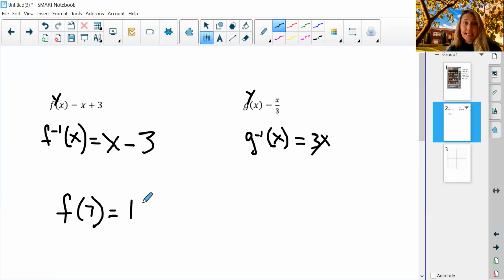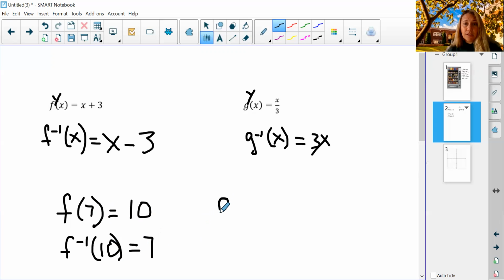F of 7 is 10. Now, if I put my answer into the inverse function, I would get back to 7. So the inverse switches the x and the y. The y here became the x here, and the x here became the y here.